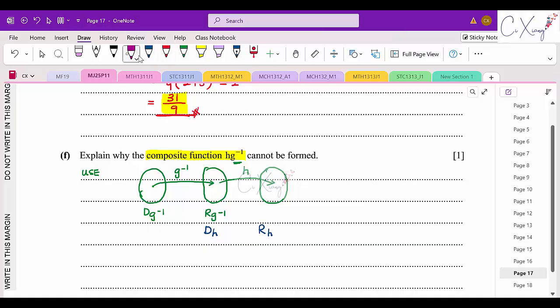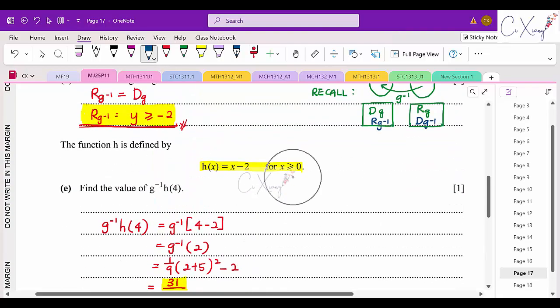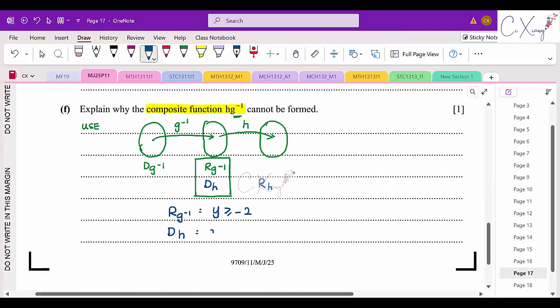So from this arrow diagram, you can see an important result: the range of the inverse function G should be equal to the domain of h. What do we have for the range of the inverse function G? We have y greater than or equal to -2. The domain of function h is given in the question just now, which is x greater than or equal to 0.